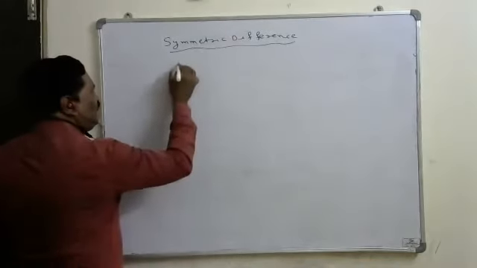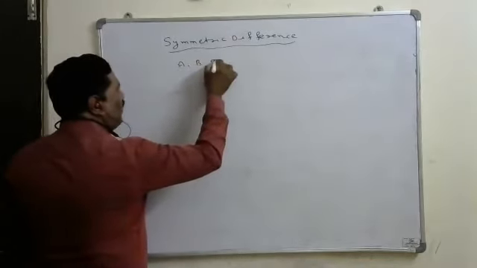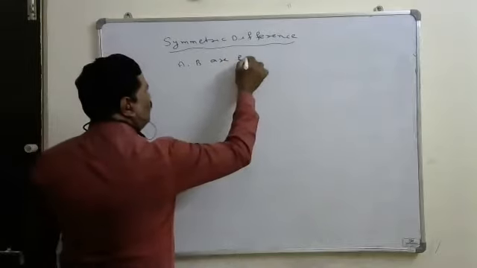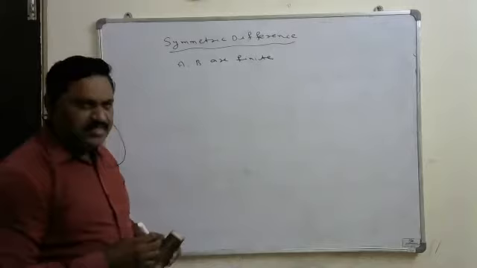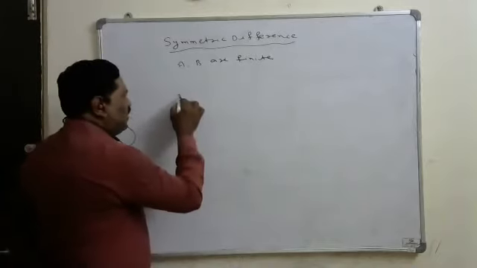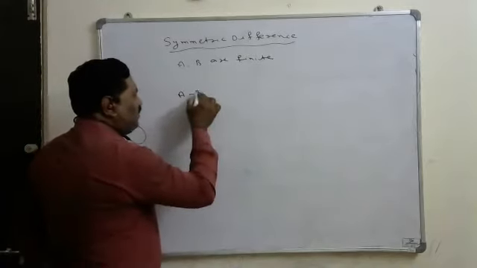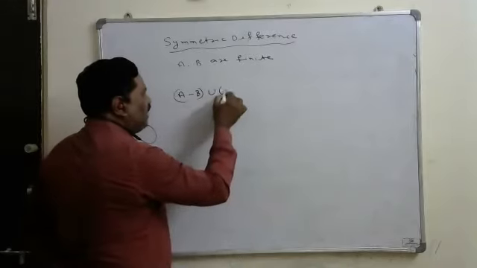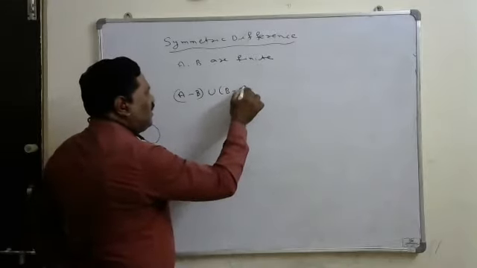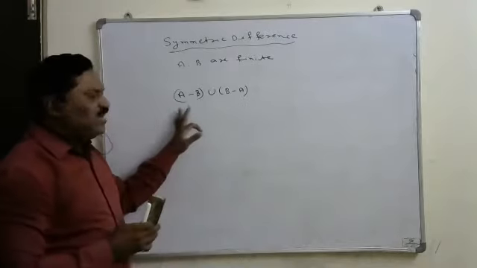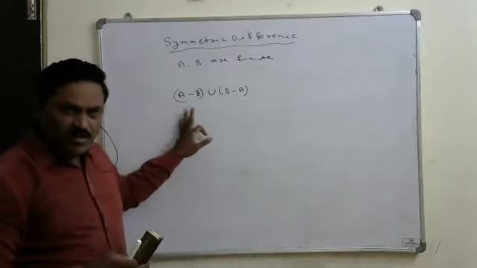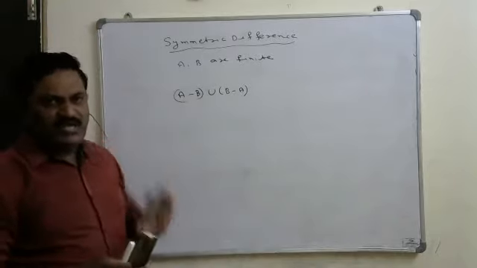If A, B are any two finite sets, then the symmetric difference is A minus B union B minus A, meaning the elements available in A only or in B only.